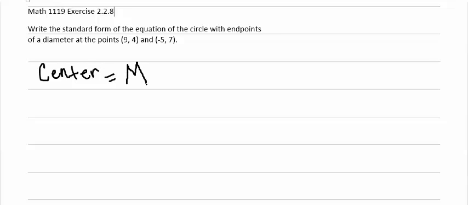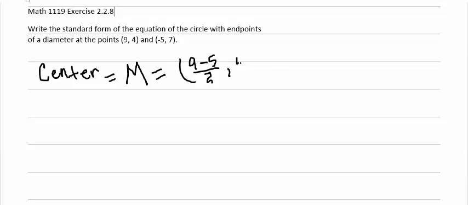So your center equals the midpoint of these 2 points, which is 9 minus 5 divided by 2. I'm adding the x coordinates together and dividing that sum by 2. That gives me the x coordinate of my midpoint.